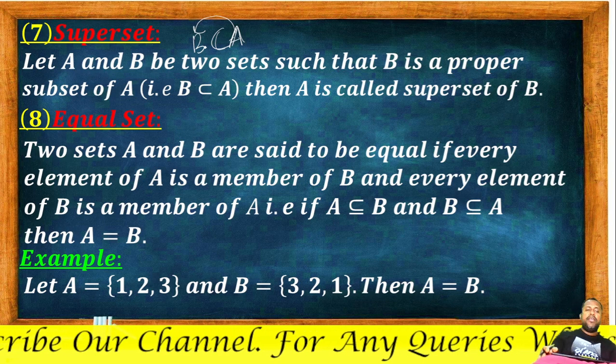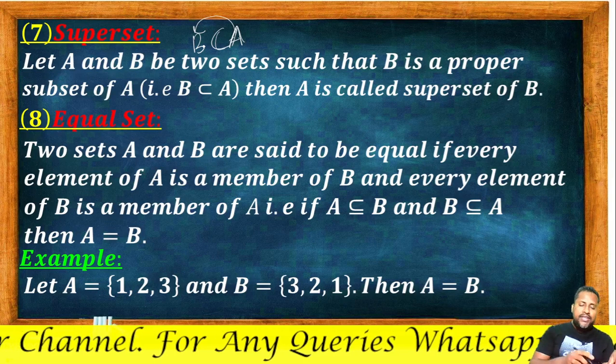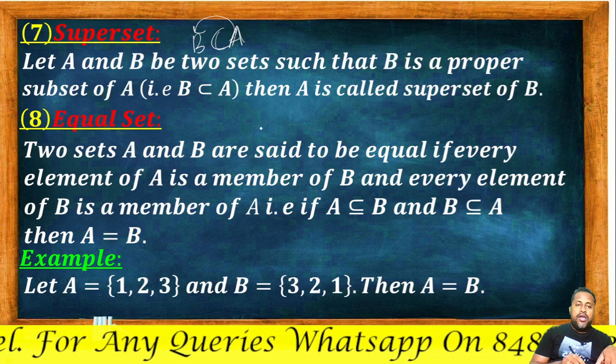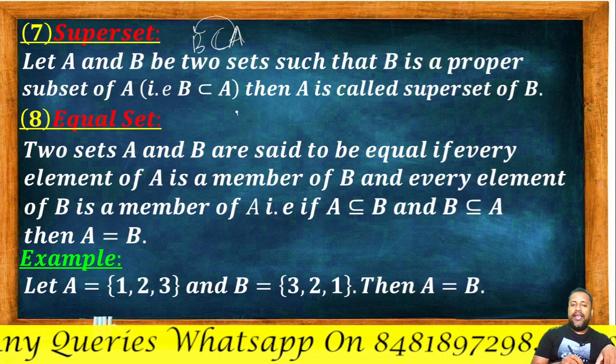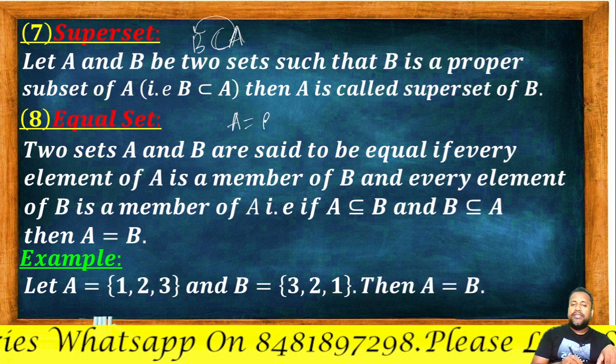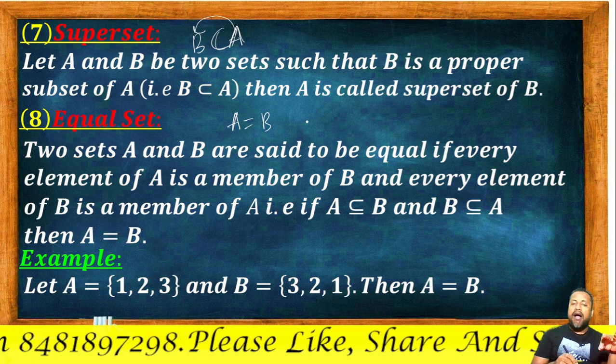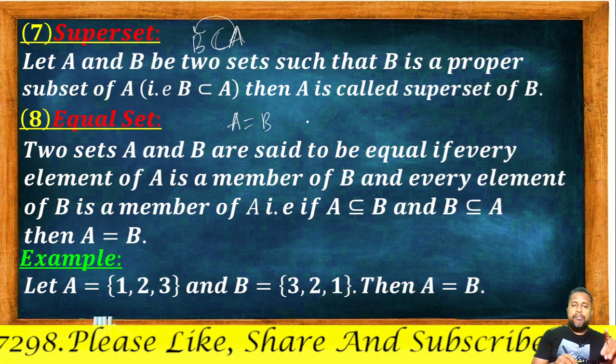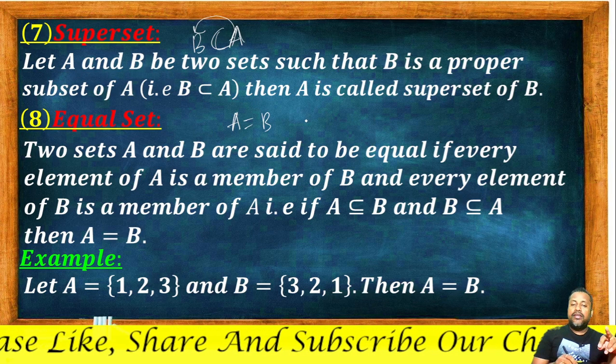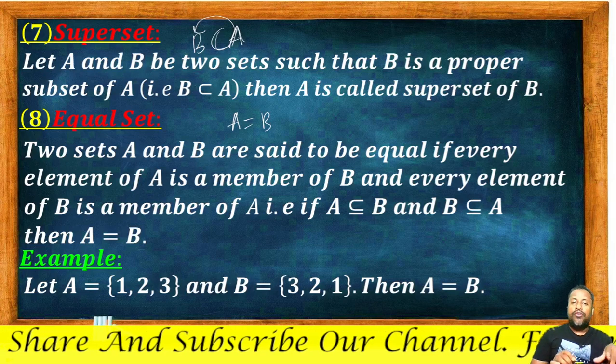Next one is equal set. What is equal set? Two sets A and B are said to be equal if their cardinal numbers are the same and both contain the same elements.